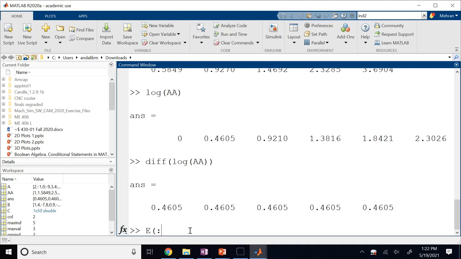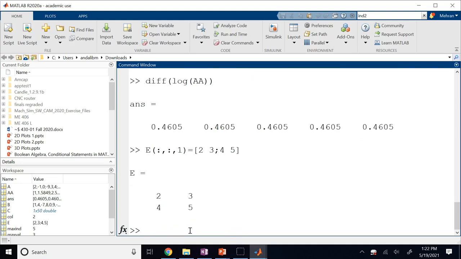You say all rows, all columns, and the first page, or first plane, of the third dimension is equal to 2, 3, 4, and 5. Then the second page of that three-dimensional matrix is 0, -3, 1, and -5.